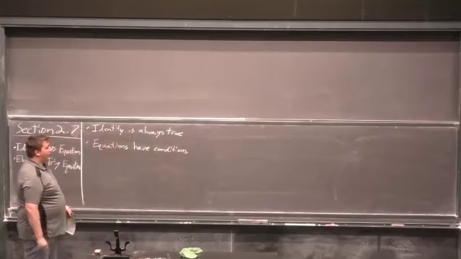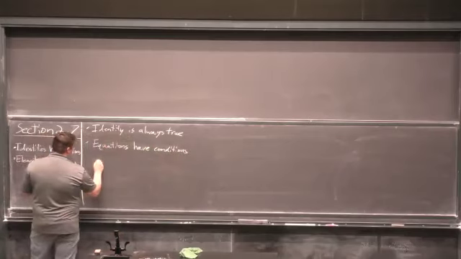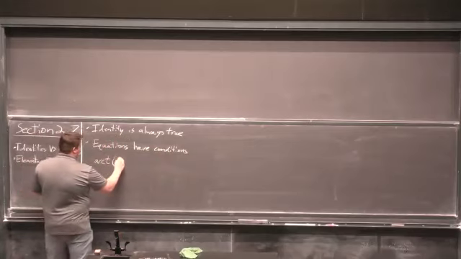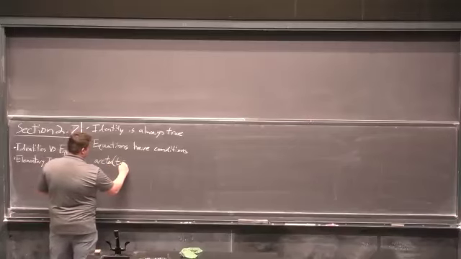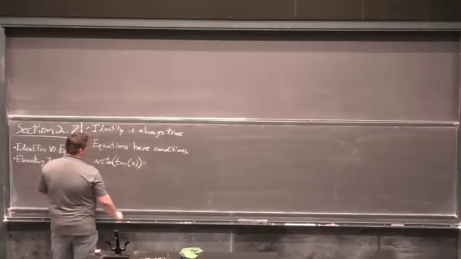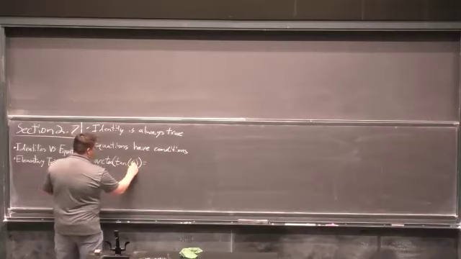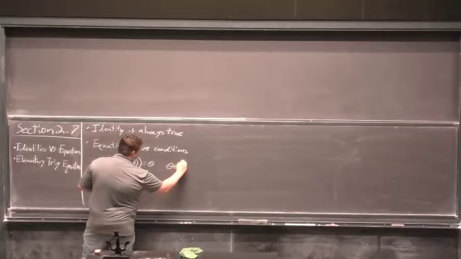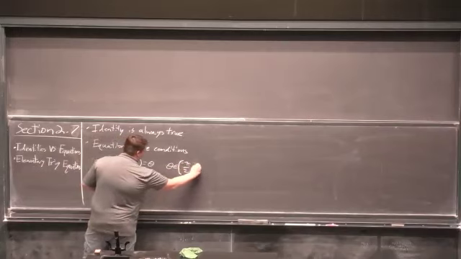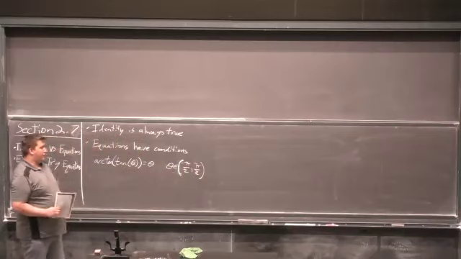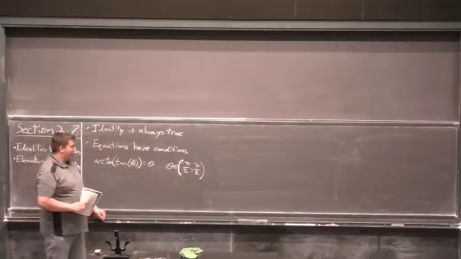An example is how we could say that arctangent of tangent of x, or we should do theta, is equal to theta as long as theta is within negative pi over 2 to pi over 2, exclusive of negative pi over 2 and pi over 2.